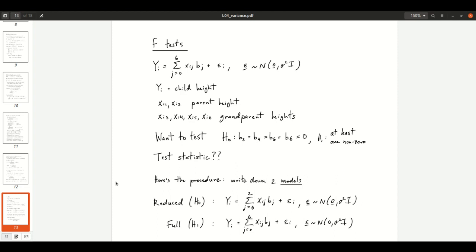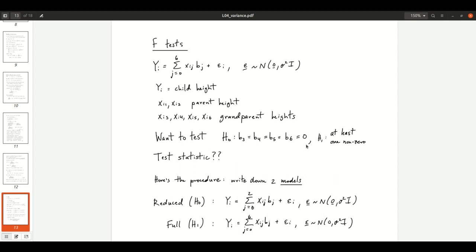So in this case, we'd want to test that there's no information in the grandparent heights after controlling for the parents' heights. And it turns out the right hypothesis there is that B3, B4, B5, B6, which are the grandparent height coefficients, are all equal to 0. And the alternative here would be that at least one of those coefficients is not 0. So what would be a reasonable test statistic? It's kind of hard to come up with something.